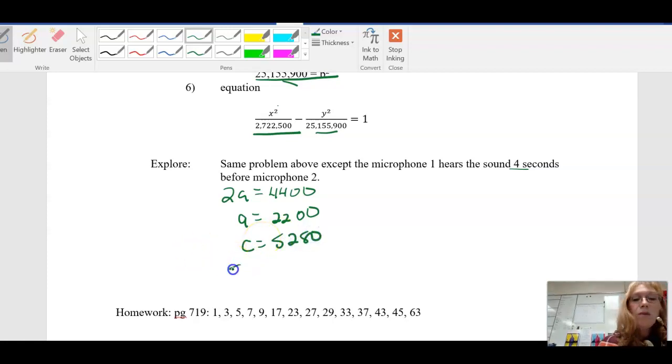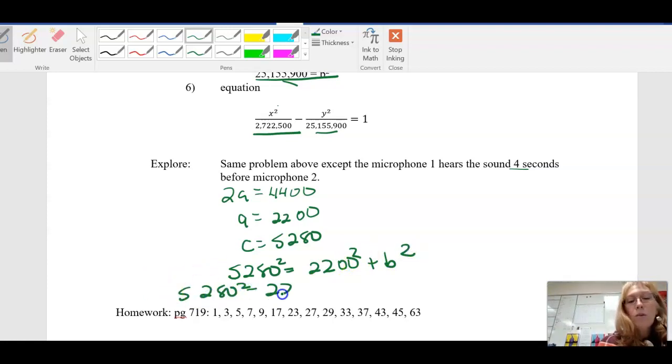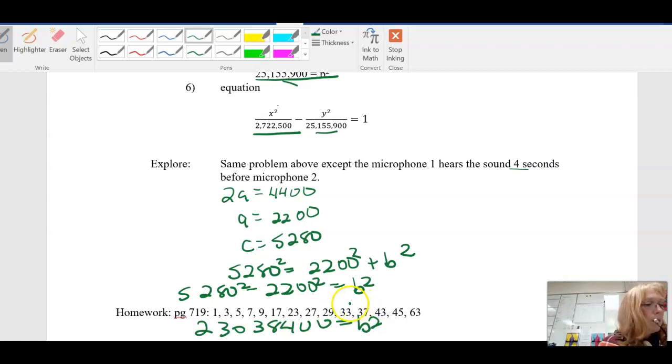So you still have to do 5,280 squared equals 2,200 squared plus b squared. So if you take 5,280 squared minus 2,200 squared, you're going to get this great big long number, 23,038,400, equals b squared.